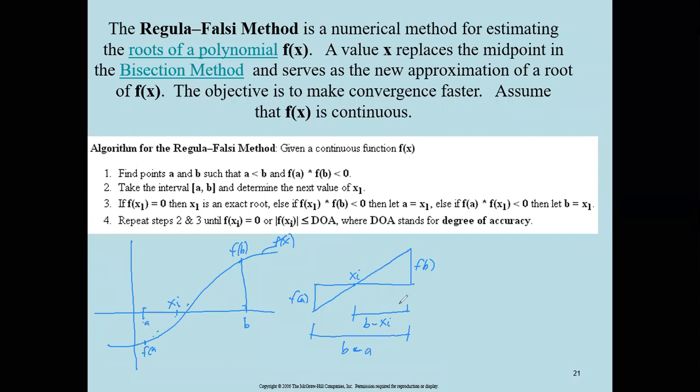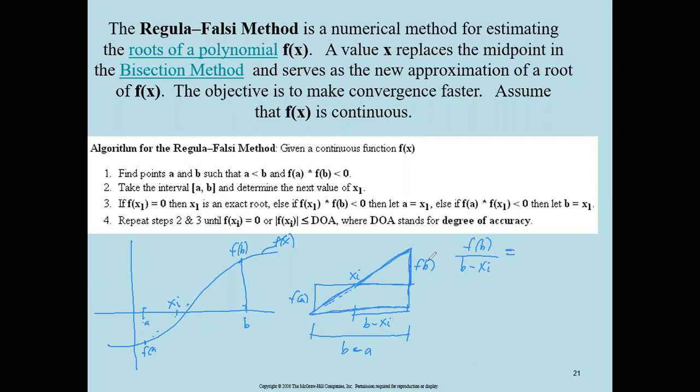Okay, so using similar triangles, we can generate this equation: f of b over b minus x of i equals, so this triangle, equivalent to this triangle, the bigger triangle.